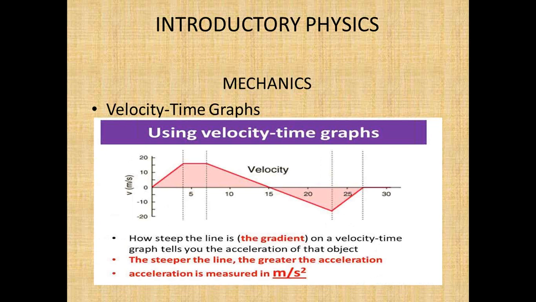Another important point is how steep the line is. That is the gradient again. How steep it is on the velocity time graph tells you the acceleration of that object. Again, the steeper the line, the greater the acceleration.